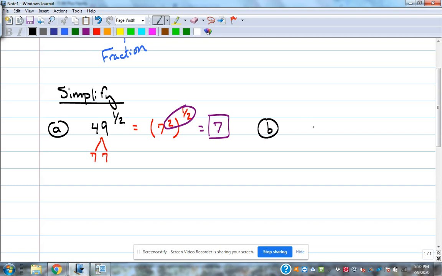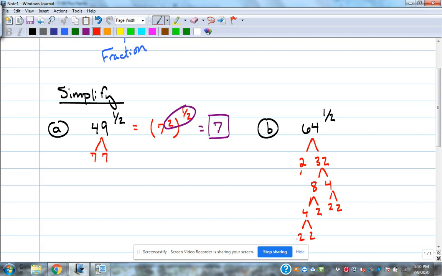I'll do several more here. Let's do 64 to the 1/2 power. I know a lot about 64. I know that it's actually 2 times 32. I know that 32 is 8 times 4, and 8 is 4 times 2, and those 4s turn into 2s.